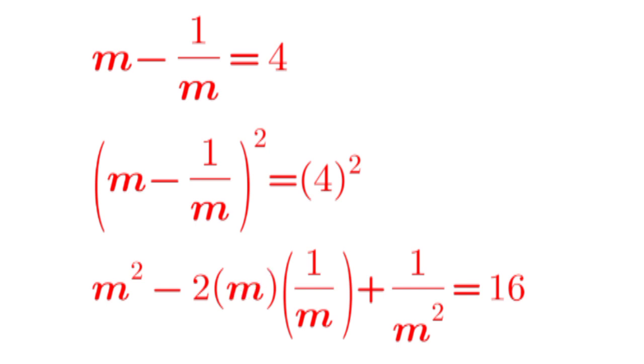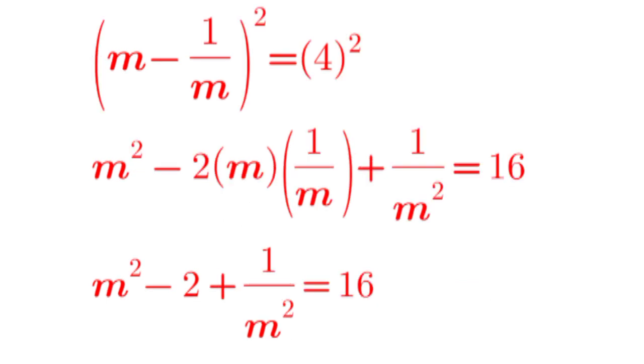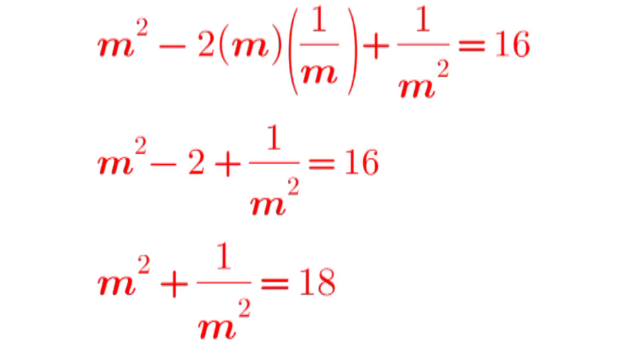So this equation is going to give us m squared plus 1 all over m squared minus 2 is equal to 16. So we are going to add positive 2 to both sides of the equation. So we have m squared plus 1 all over m squared is equal to 18.